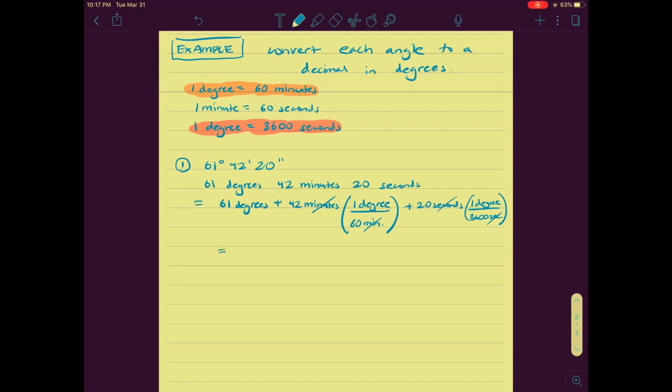From here, you put this in your calculator: 61 plus 42 over 60 plus 20 over 3600. When you put this in your calculator, rounding to 2 decimal places, you should get about 61.71 degrees. So what we did was take an angle in DMS form and convert it into decimal degree form.